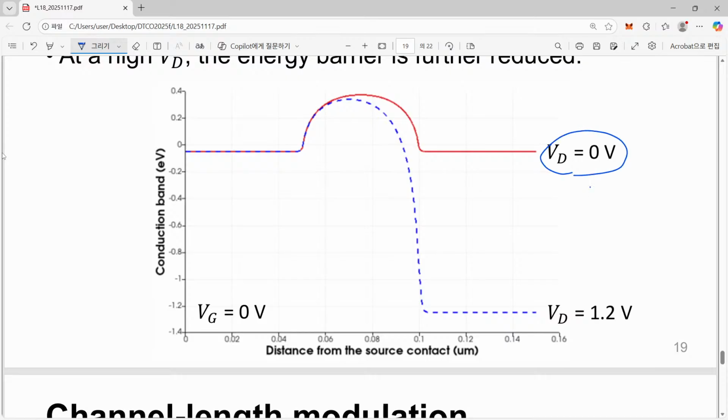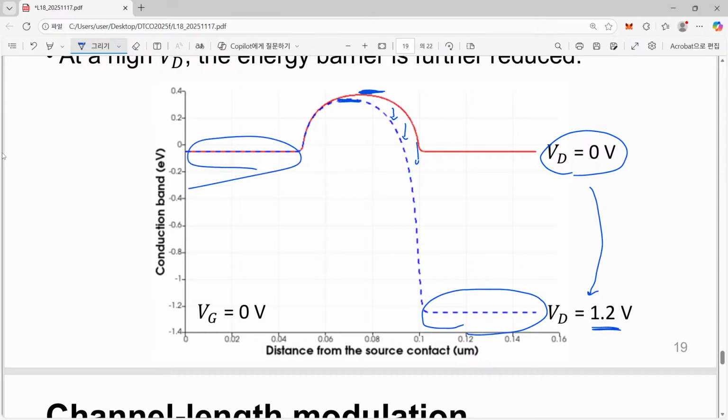However, when we apply high drain voltage, the drain just pulls down our conduction band profile. In this case DIBL is quite easily understood, because here also we have a reduction of the peak energy barrier seen from our source side.